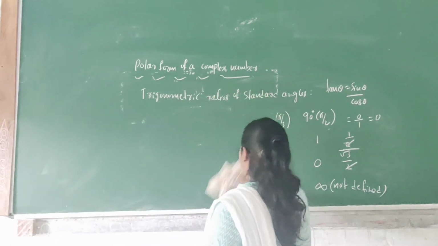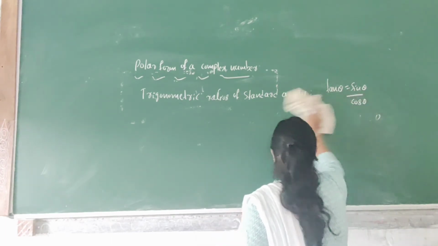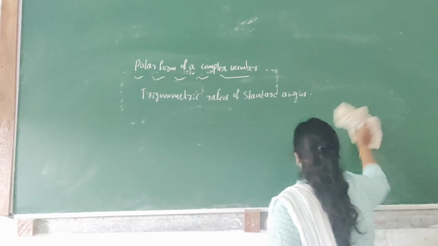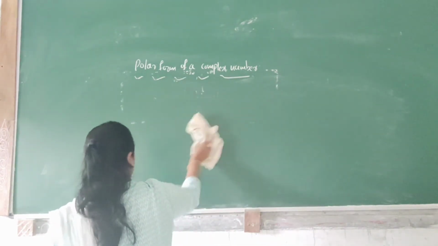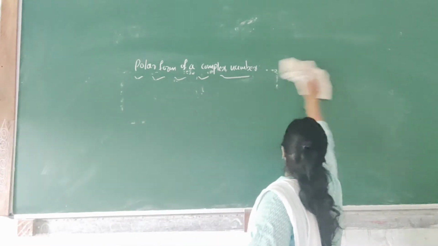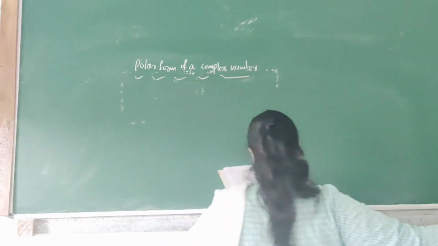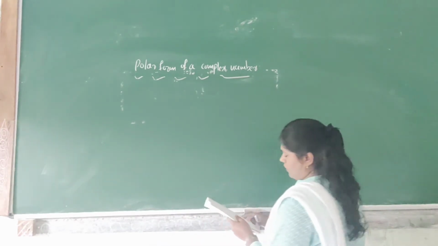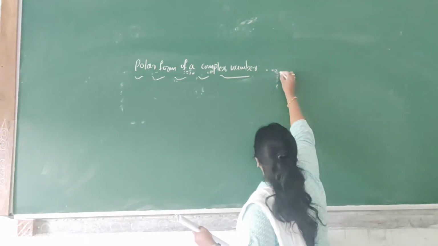You remember these tables, you glance at the tables. While solving the problems, you write these values sidewise, then it will be easy, okay?